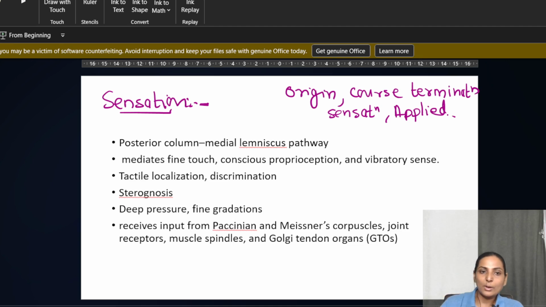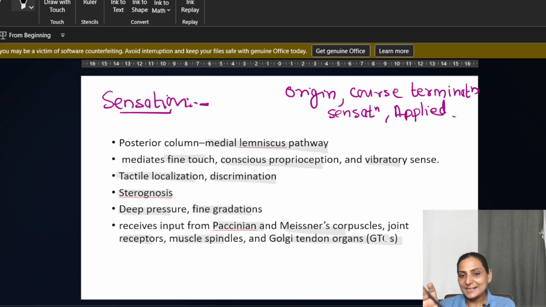So the posterior column, which is also called the medial lemniscal pathway, transmits fine touch, conscious proprioception, vibration, tactile localization, discrimination, stereognosis, deep pressure, fine gradations, and it receives maximum input from the Pacinian, from the Meissner's, from the joint receptors, from the muscle spindles, and from the GTO, right?